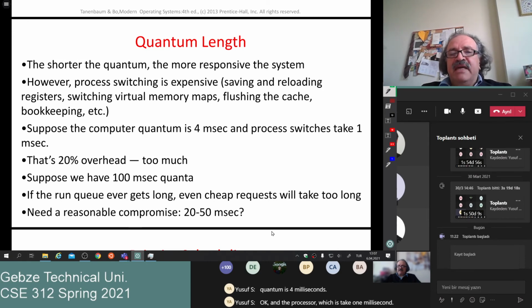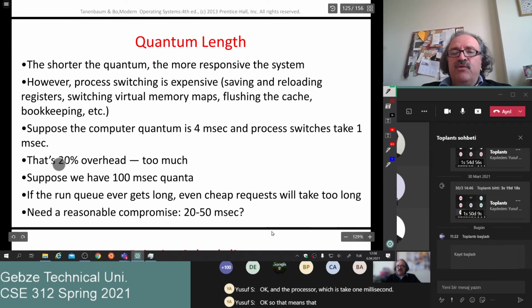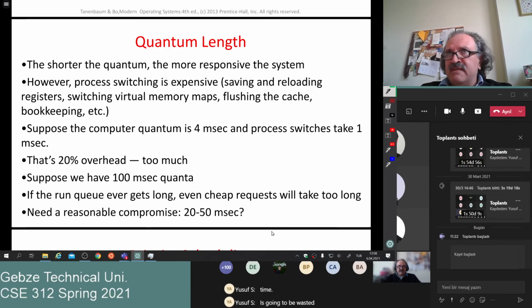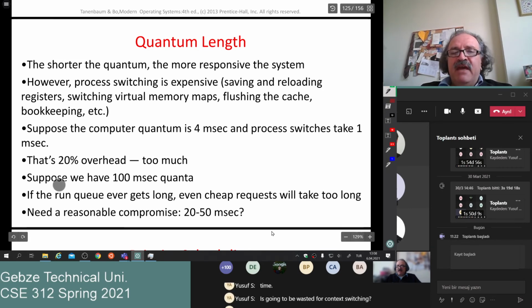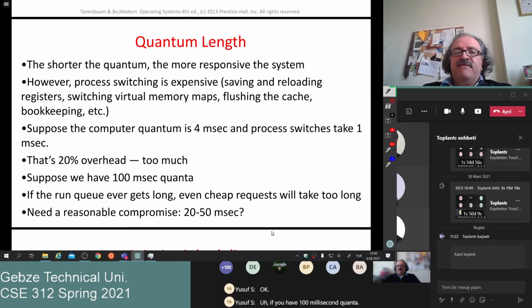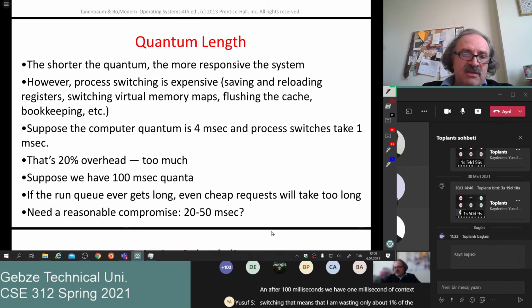That means that 20% of your CPU time, system time, is going to be wasted for context switching. If we have 100 millisecond quanta, and after 100 milliseconds we have 1 millisecond of context switching, I am wasting only about 1% of the CPU time.